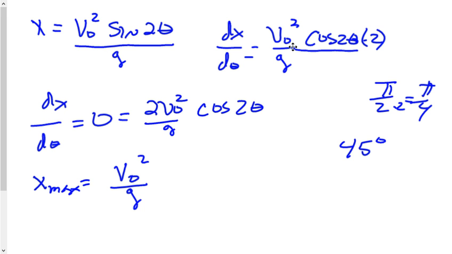The negative of the second derivative tells us that this is actually a maximum, not a minimum. If you don't remember that, look back to your calculus under your maximums and mins and how that's done. So that's how we maximize the range.